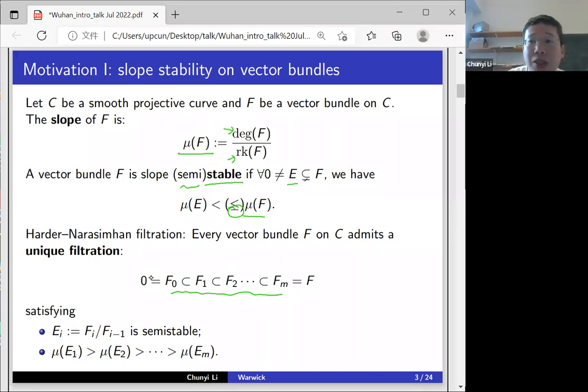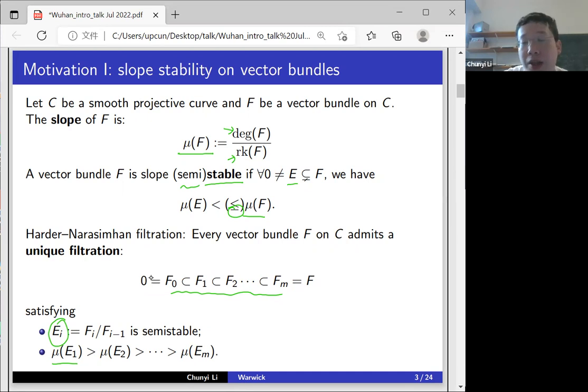Then you take out the one with the largest slope, then the second, and so on and so forth, until you get something semi-stable, which gives you this filtration. The factors are denoted here by E_i, one by one, the first one with the largest slope, and then you have a strictly decreasing chain of them. You can finish this in finitely many steps for trivial reasons, because the rank keeps decreasing.